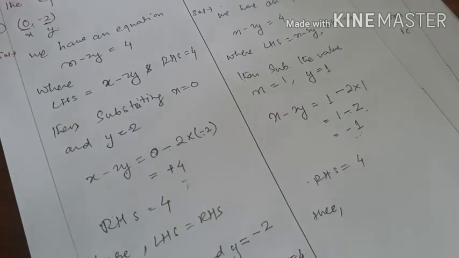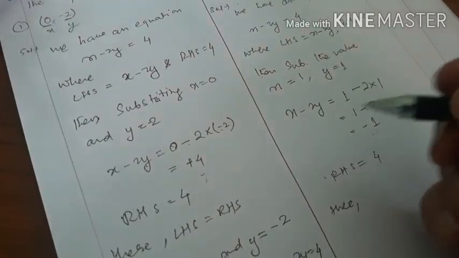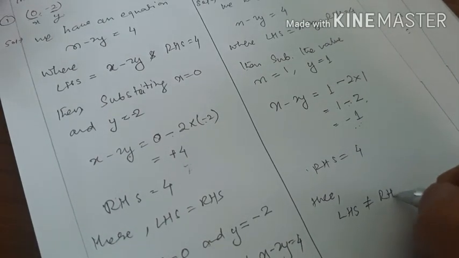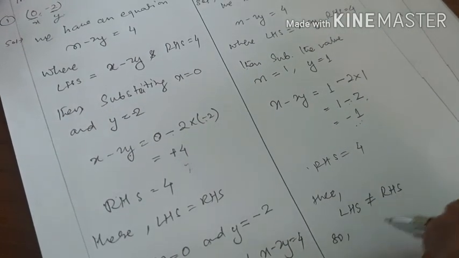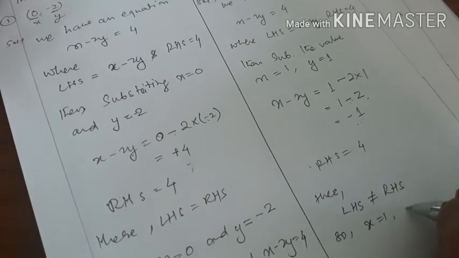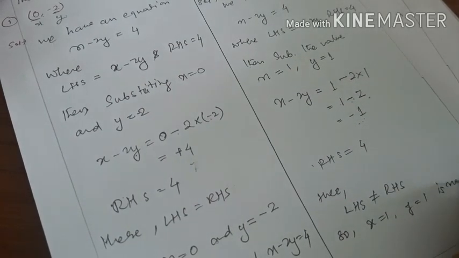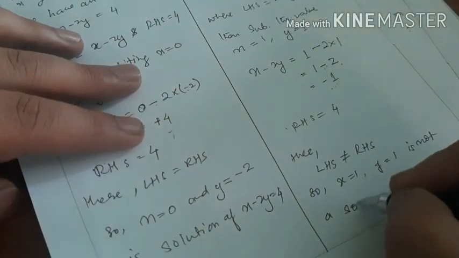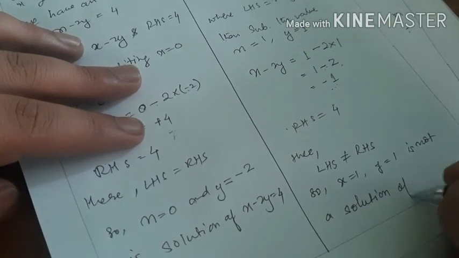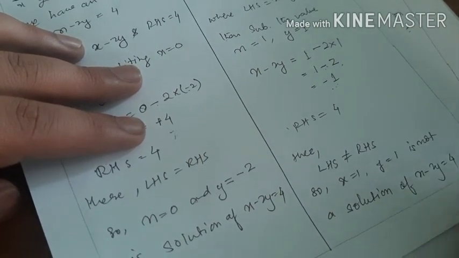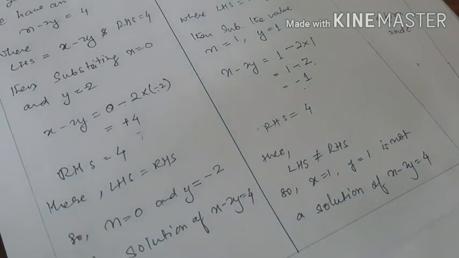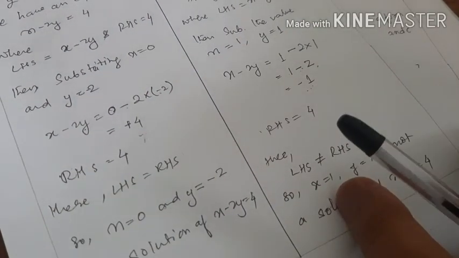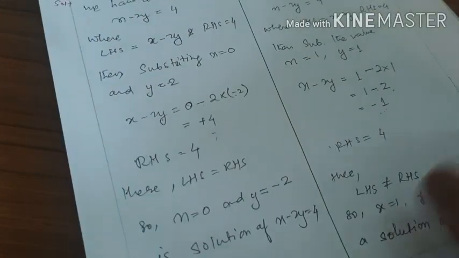Here we'll write: left hand side is not equal to right hand side, so x equals 1, y equals 1 is not a solution of x minus 2y equals 4. Okay, this way we'll do it. Now in the next part we'll try to solve the exercise.